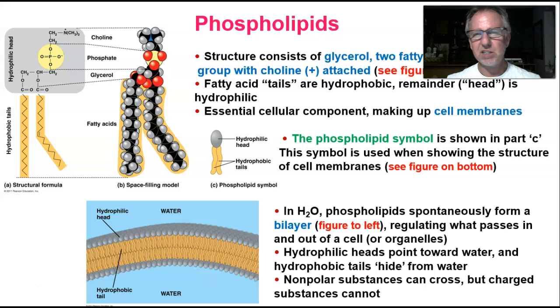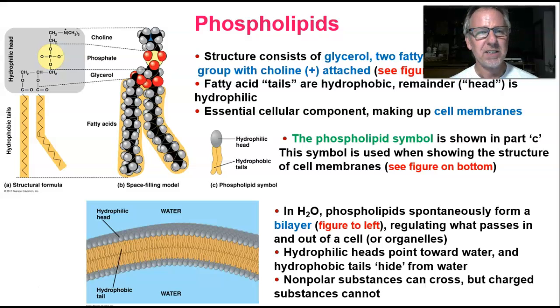Cell membranes are really important. And we're going to be covering more about how they work and what they do and why they're important in an upcoming chapter. But for now, you need to know what phospholipids are, because phospholipids make up our cell membranes. So here you're just learning what phospholipids are, what they look like, and what they're used for.